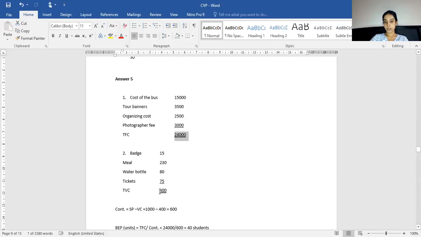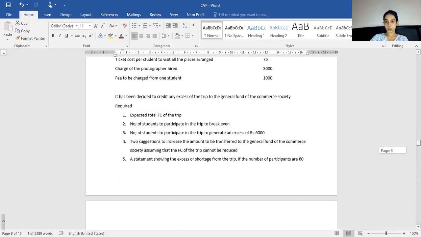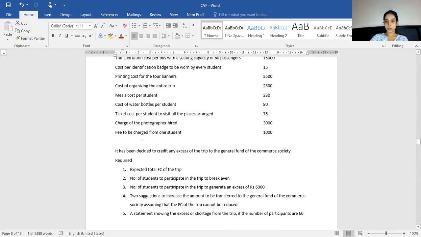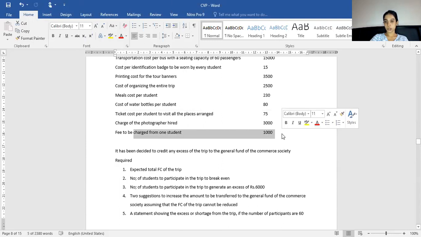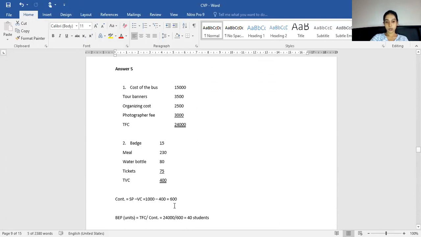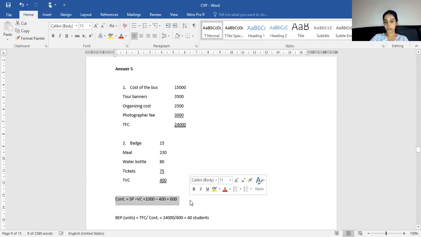So that will give you the total variable cost per student, 400. So we know the selling price. It was given to us in the question. Here, fee to be charged from a single student is 1000. So 1000 minus 400, 600 is the contribution per unit.